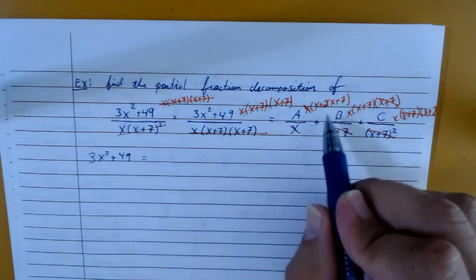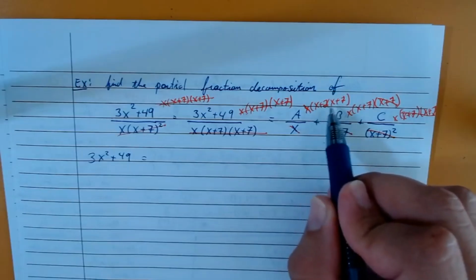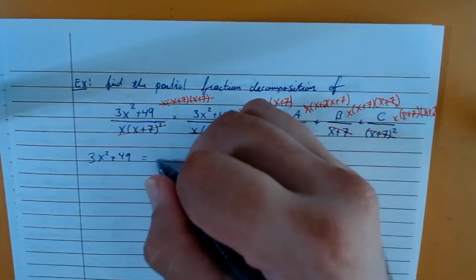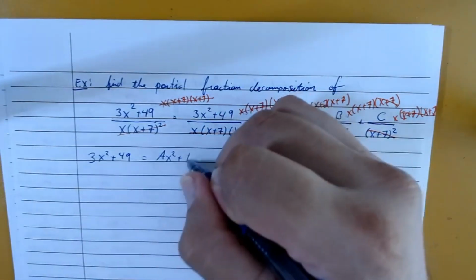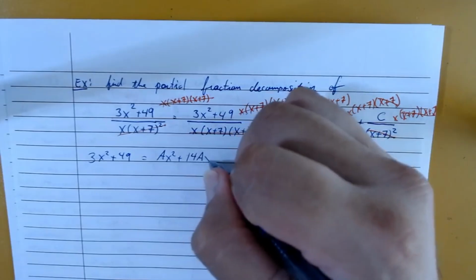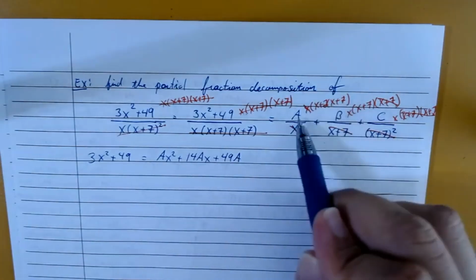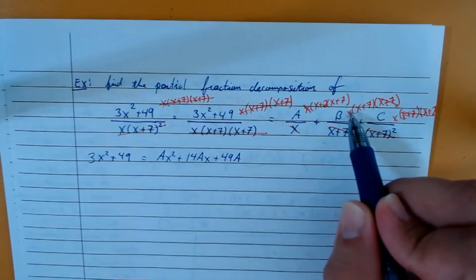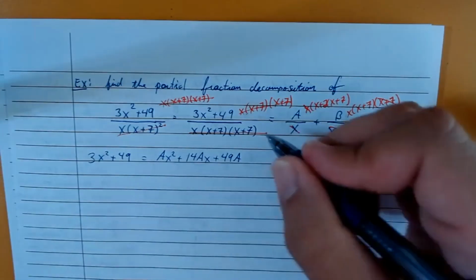That's equal to (x plus 7) times (x plus 7), which is x squared plus 14x plus 49, but that's getting multiplied by a. So that's going to be ax squared plus 14ax plus 49a. Multiply that together, but then don't forget the b. Here, b times x is bx. And if you multiply that bx times (x plus 7), bx times x is bx squared.